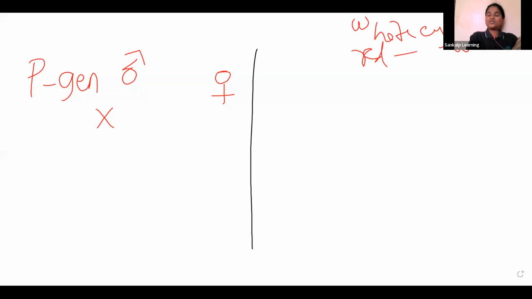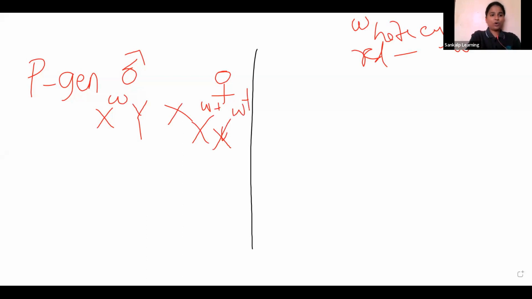So he considered a white-eyed male, XWY, and crossed it with a red-eyed female, XW plus XW plus.